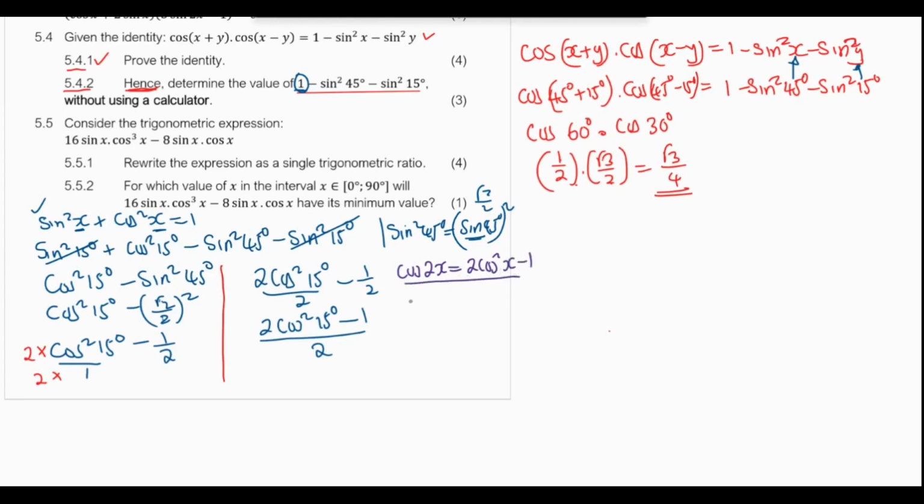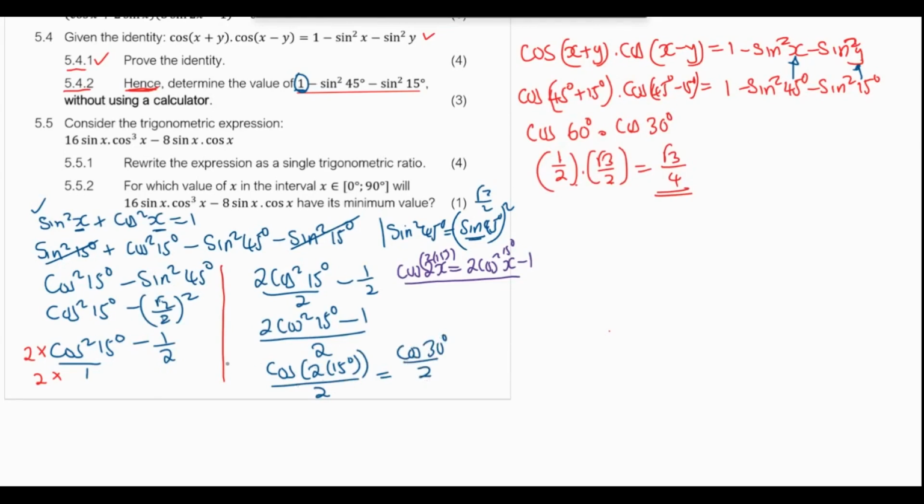So we can replace this whole numerator by cos(2 times 15 degrees). It's like where there's x, there's 15, so we're multiplying the 15 by 2. So we're replacing this with cos(2 times 15 degrees) over 2, which is cos 30 degrees over 2.